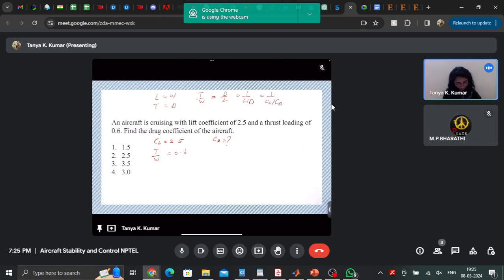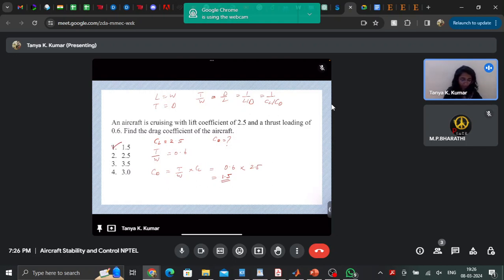So thrust loading is, just manipulate this equation and you get this. Thrust loading is 0.6 and CL is 2.5. Multiply this to get the answer of CD. Let me just multiply it. 1.5. Correct me if I'm going wrong, but the answer is 1.5.